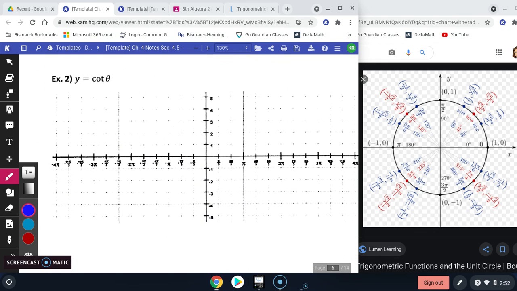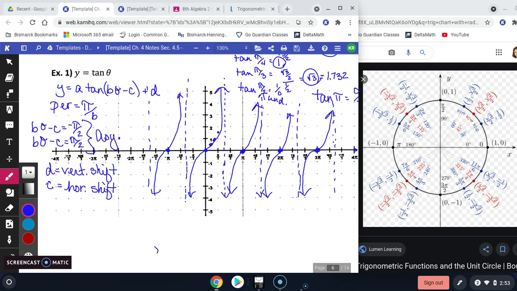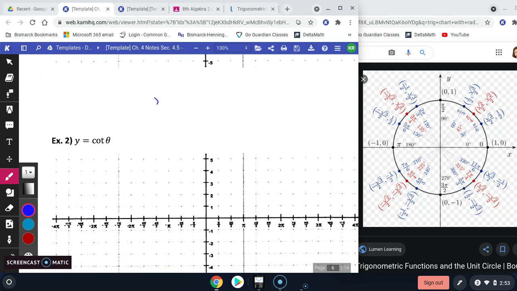Okay, with cotangent, kind of the reverse happens. So you know that cotangent is the reciprocal of tangent. So for example, everywhere that tangent is 0, you can think of that as 0 over 1. Well, if you flip 0 over 1, let me just show you. The tangent of 0 is 0 over 1.